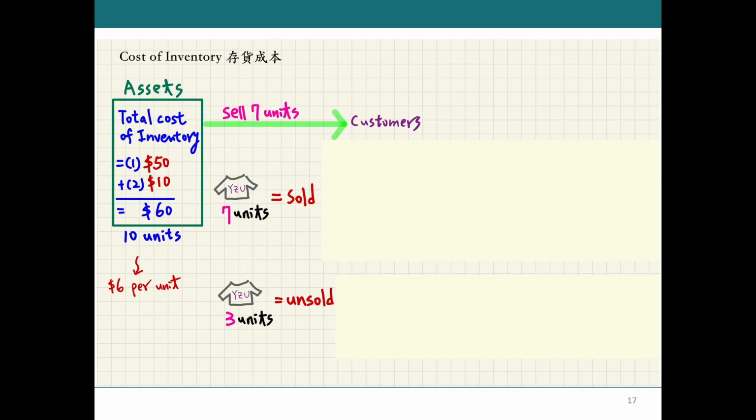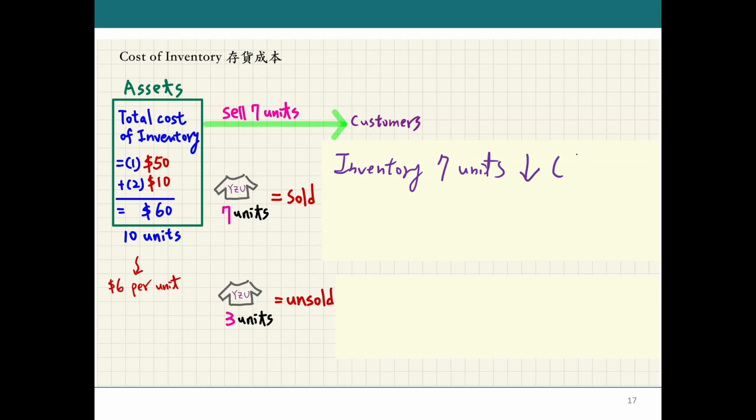Okay? So let's look at this. If you sold 7 t-shirts, what's the effect for your company? I sold 7 t-shirts, right? So do you have those 7 t-shirts in your company? No more, because you gave them to customers, right? So your inventory, 7 units, decreases.